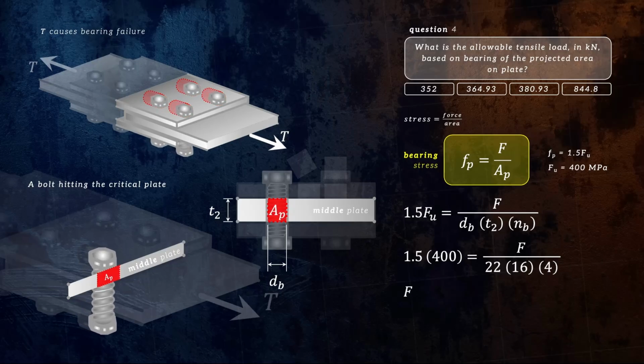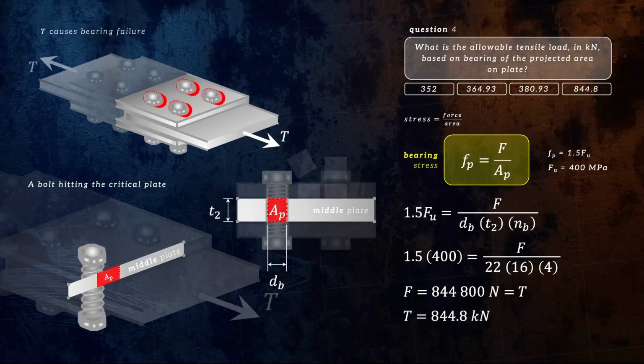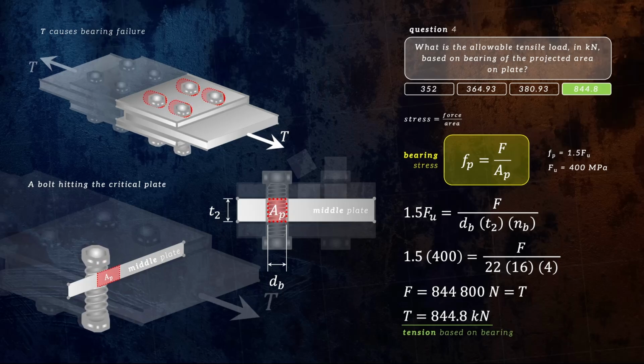Solving now for F, we will get a value equal to 844,800 newtons, which is just our allowable tensile load P. And converting this value to kilonewtons would give us a value equal to 844.8 kilonewtons. And this is the final answer for the last question.